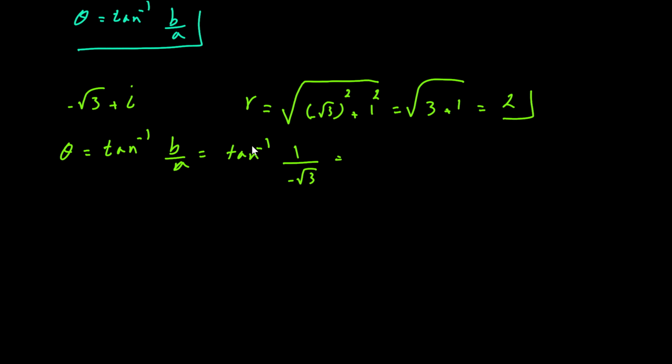Now, if I multiply the whole thing by root 3 over 3, I get tan inverse of negative root 3 over 3.